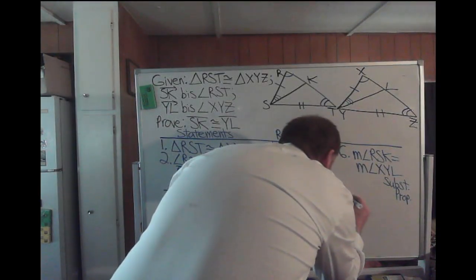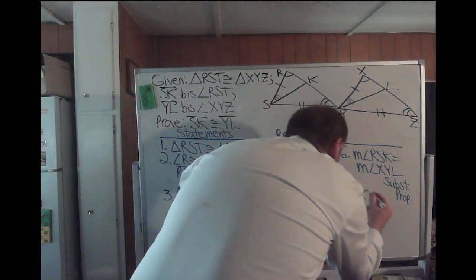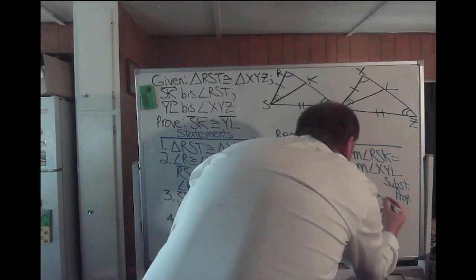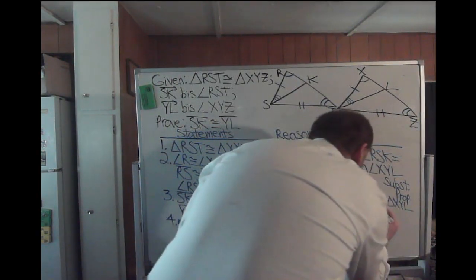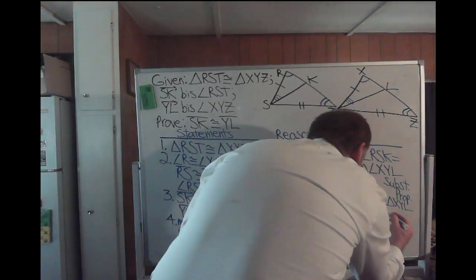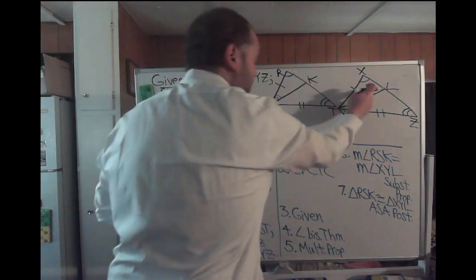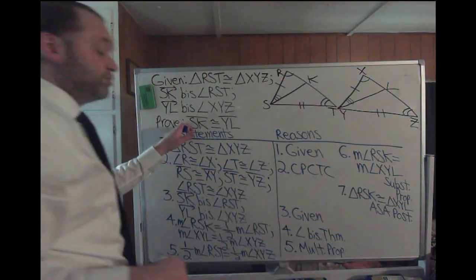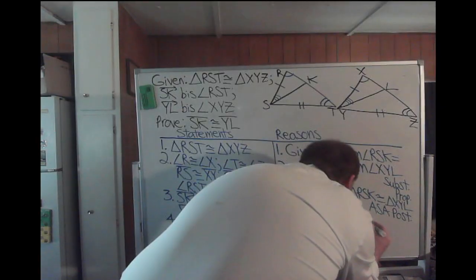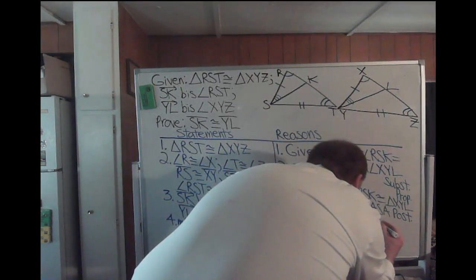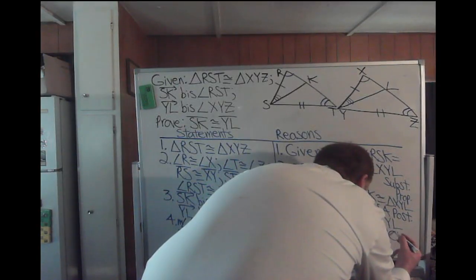Therefore, for step 7, we would prove that triangle RSK is congruent to triangle XYL by the angle side angle postulate. Which now, if these two triangles are congruent, for step 8, we can prove SK is congruent to YL. So SK is congruent to YL by CPCTC.